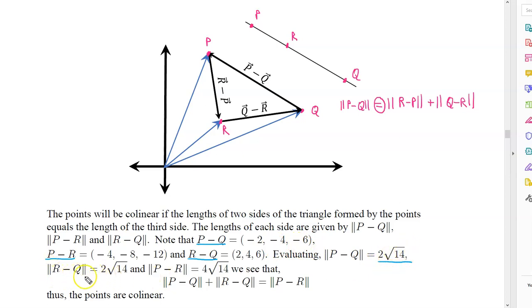The magnitude of R minus Q is 2 root 14. And the magnitude of P minus R is 4 root 14. And so we see that the magnitude of P minus Q plus the magnitude of R minus Q equals the magnitude of P minus R. So these points must be collinear.